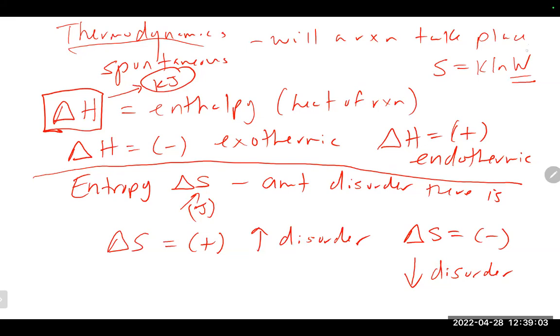So if we want to put all 4 circles in one box, there's only really one way to do that. And if you go into this equation with 1 for your W, that is going to zero out. Obviously, your entropy value will be much smaller, as opposed to one where there's like 6 different possibilities of putting 2 circles in each box and stuff like that.